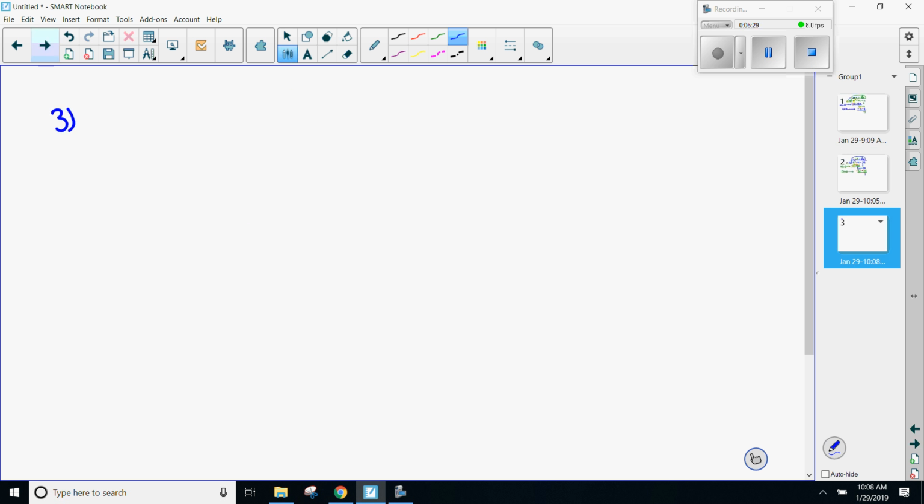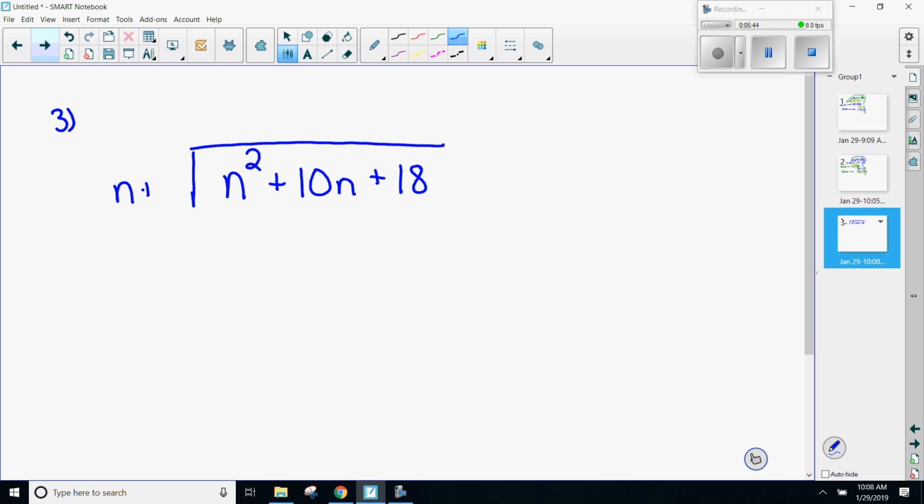Number 3, you have n squared plus 10n plus 18, and we are dividing that by n plus 5. What's the first value that goes up here?